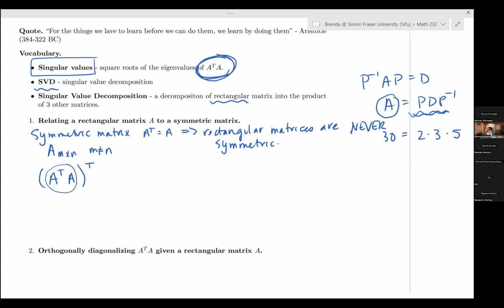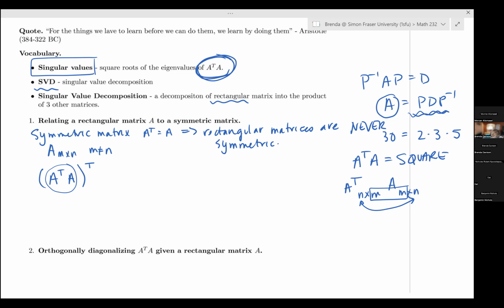Let me ask you something: is A transpose A square? Yes, it is. A transpose will be N by M, and A is M by N. These two match, and the result is an N by N. It's always square.